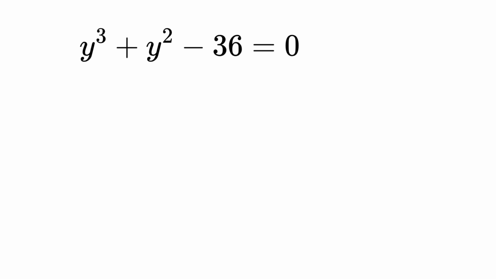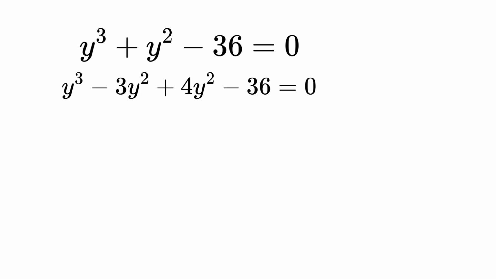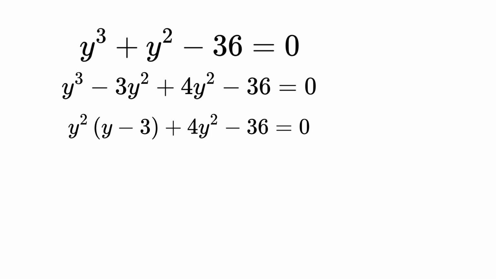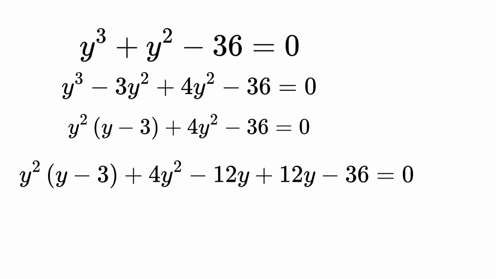Here, plus y square we can write as minus 3y square plus 4y square. Then take y square as common: y square into y minus 3, plus 4y square minus 36 is equal to 0. Then add minus 12y and plus 12y to the equation.